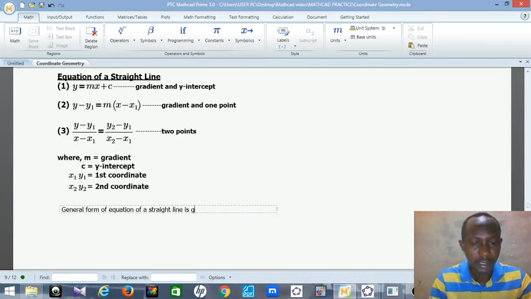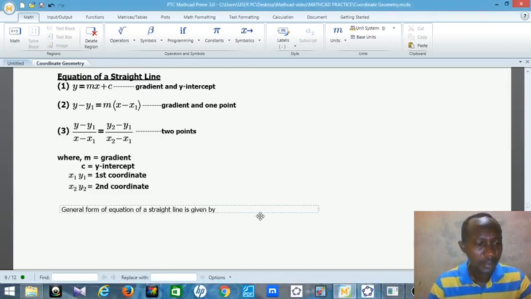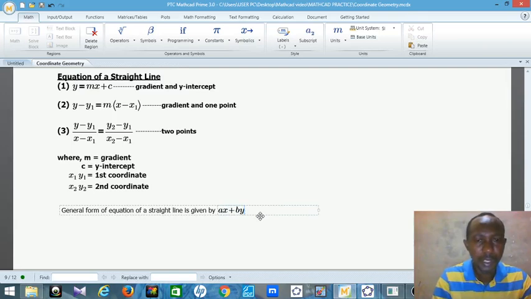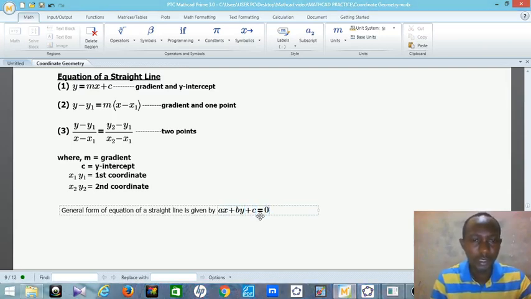It is given by, let me put it in mathematical form, ax plus by plus c equal to 0. So this is the general form of equation of a straight line.